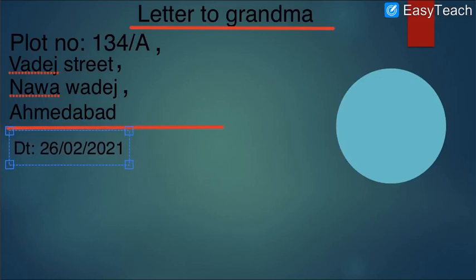Say for an example, if today we are writing the letter, so today's date should be mentioned. So please write the date also, and you have to leave one line. Like I said, this red line indicates that you have to leave one line. I hope you are doing it.